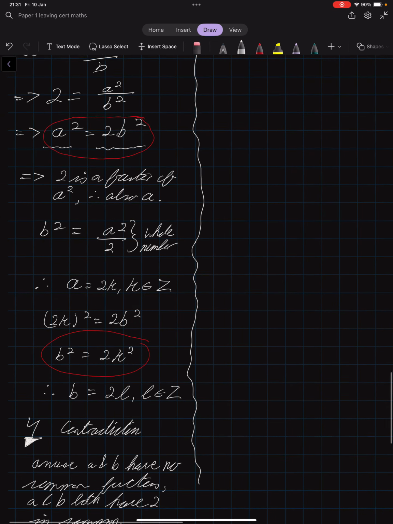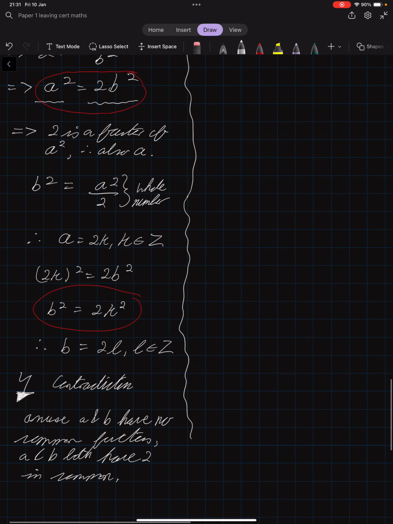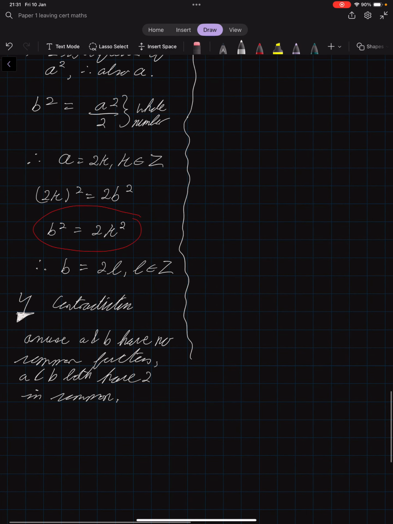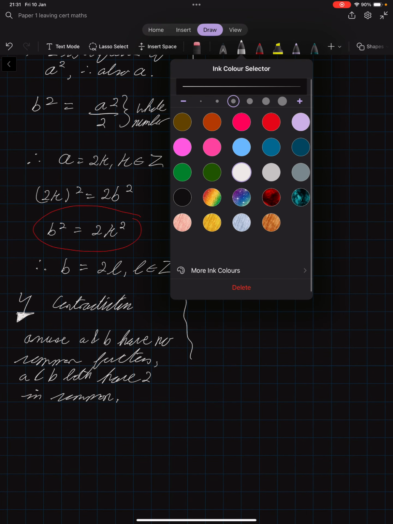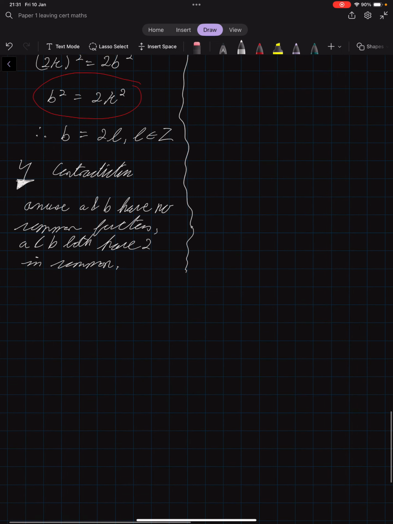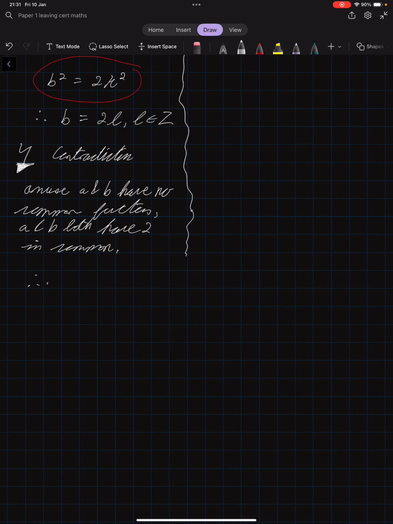Okay. So basically you just get a contradiction, and therefore root 2 is irrational.